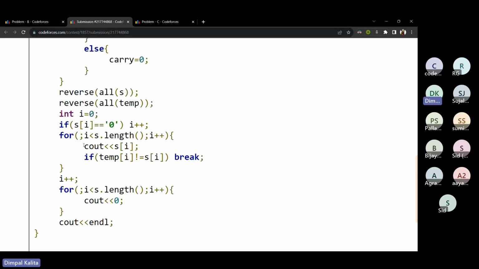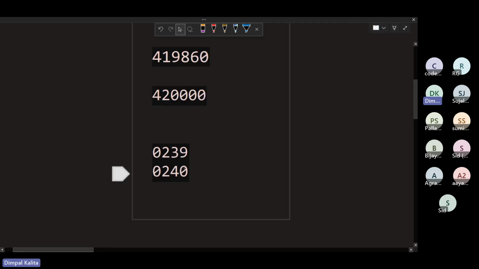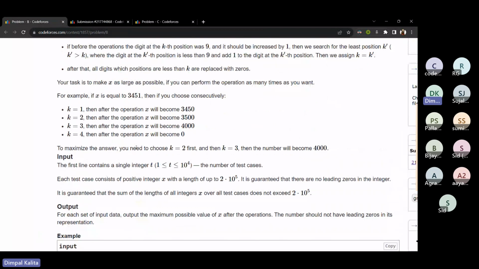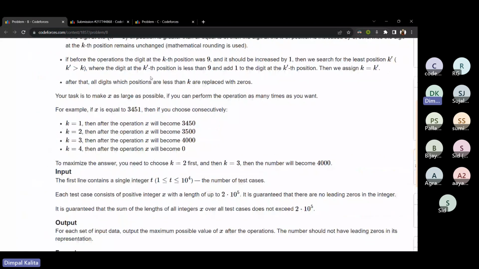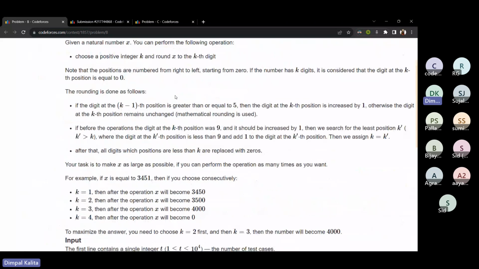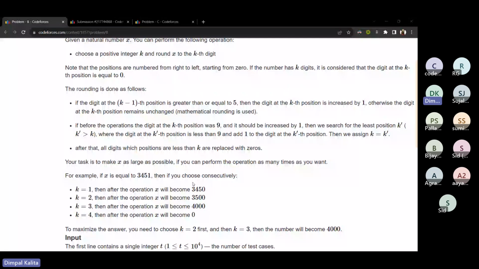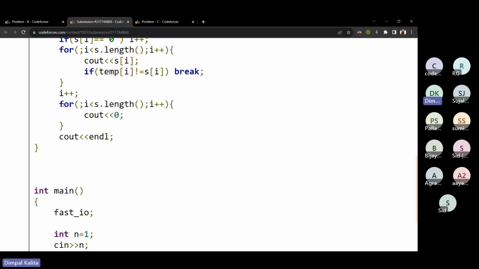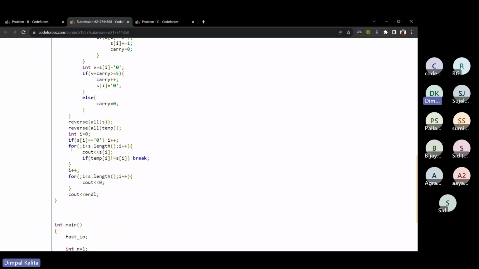I am outputting the string till there, and after that I have to output all zeros, because the question told us to output 0 after rounding up our index. So for that, I'm checking if temp[i] is not equal to s[i], like the given index is not equal to the modified index. If it is not equal, then I output 0 from that index onward. Okay, this is some modified for loop and stuff.